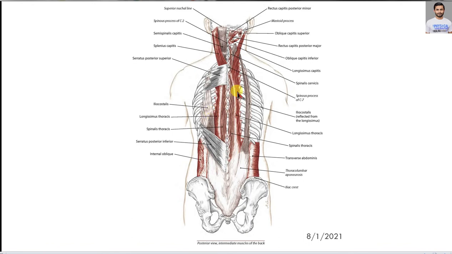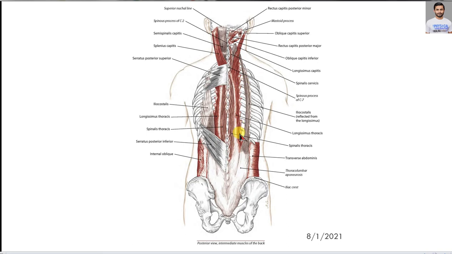Then these are the muscles collectively called the erector spinae group of muscles. If you look at this muscle, this is called the iliocostalis, because it originates from the ilium and goes all the way up to the ribs. It has different names like iliocostalis lumborum, iliocostalis thoracis, and iliocostalis cervicis, all the way up.